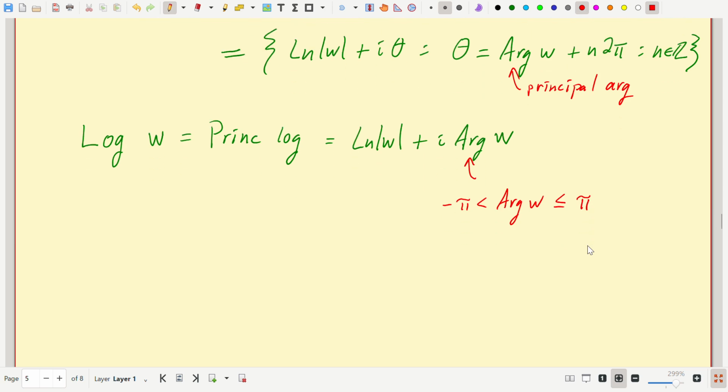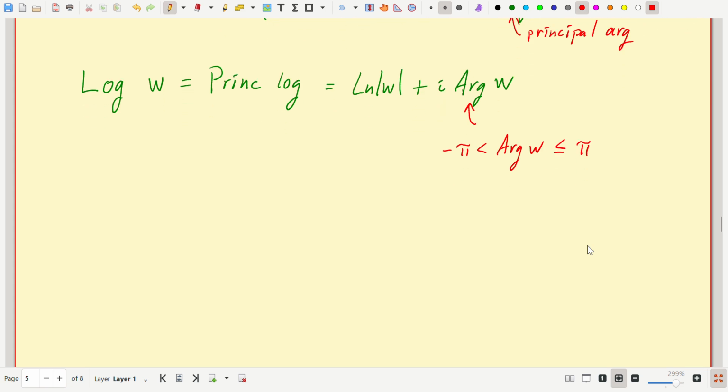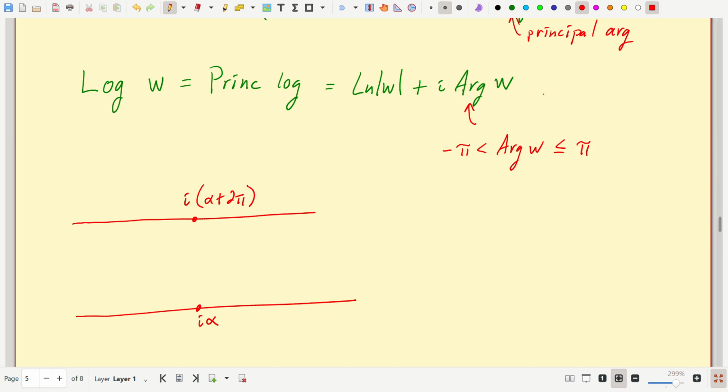And here's my other notation that appears in some books, but not all books. I want my angle to start at alpha. And then if it starts at alpha, I'm going to let it go to alpha plus 2 pi. And then I think about what's going to happen to that under the complex exponential.